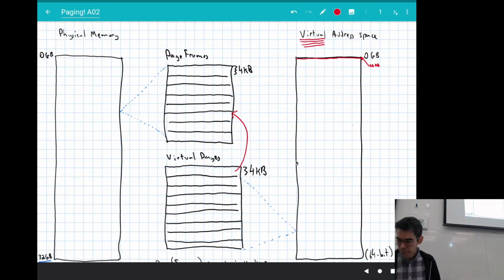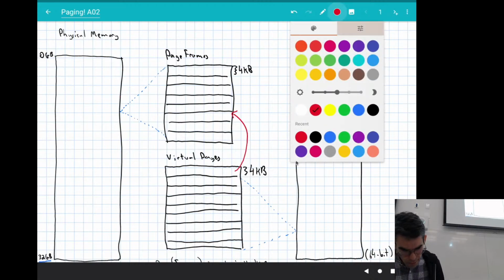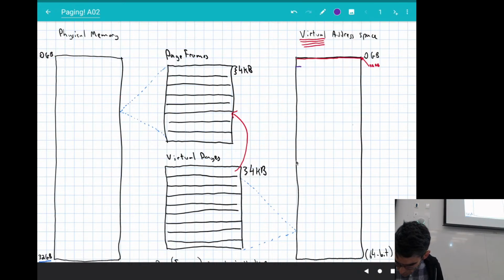So in my virtual address space, I'm still going to have structures like code and data segments. And now I'm drawing these wildly out of proportion here.